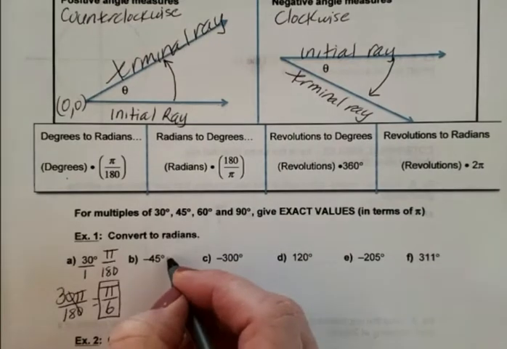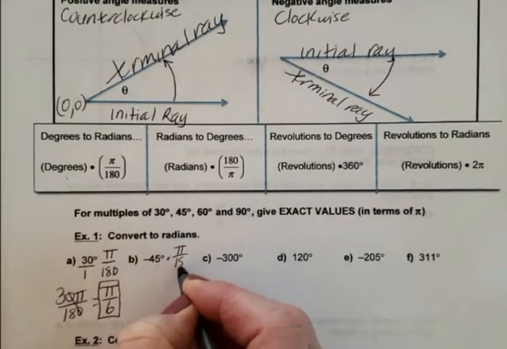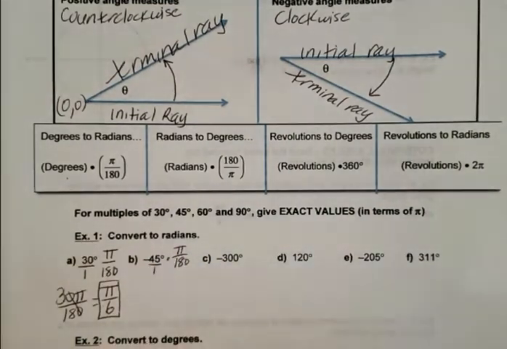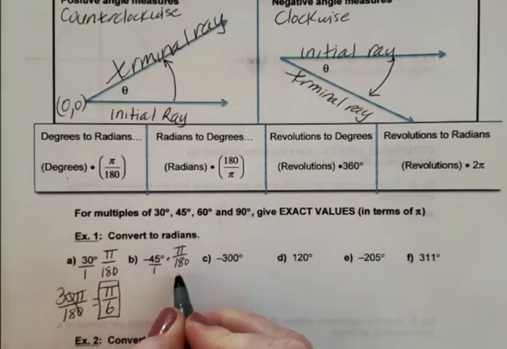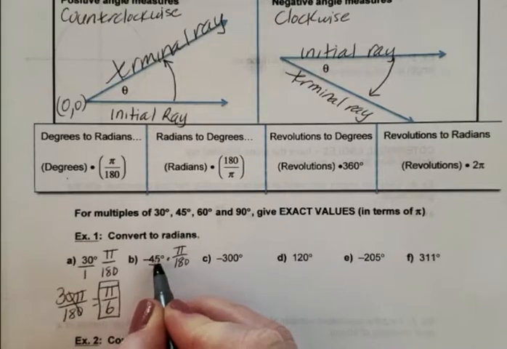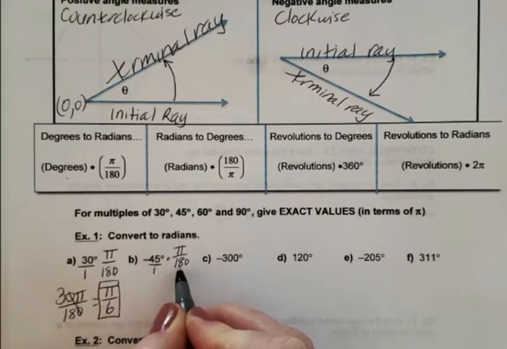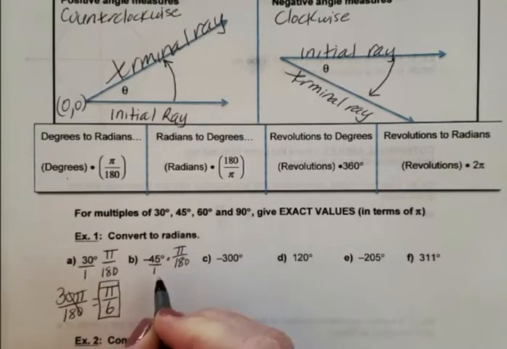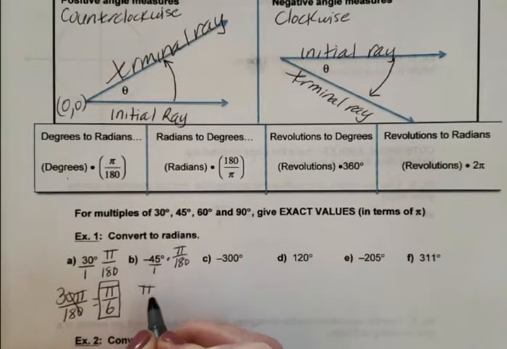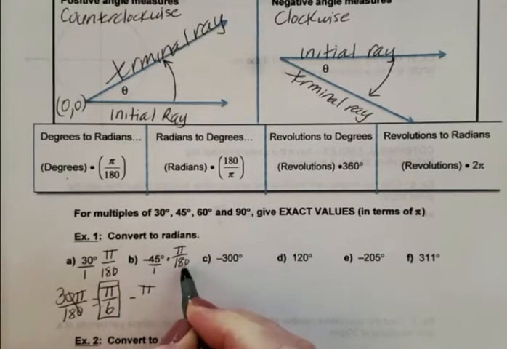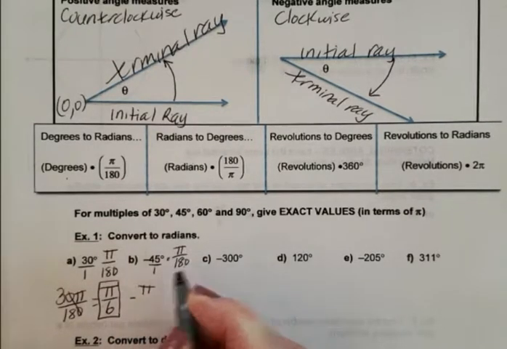Again, I'm going to multiply it by pi over 180, putting the 45 over 1, and that'll give me negative 45 over 180, and 45 and 180 are both divisible by 45. Divide negative 45 by 45, you get negative pi, and divide 180 by 45, you get 4.